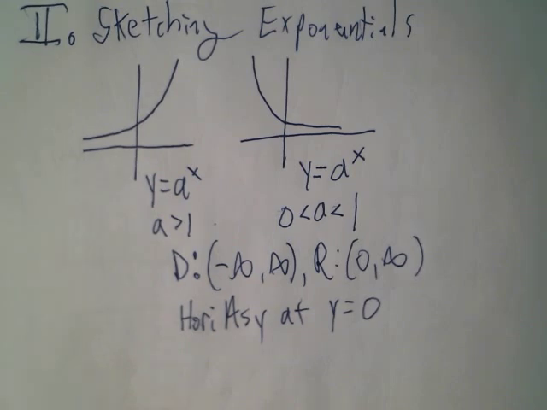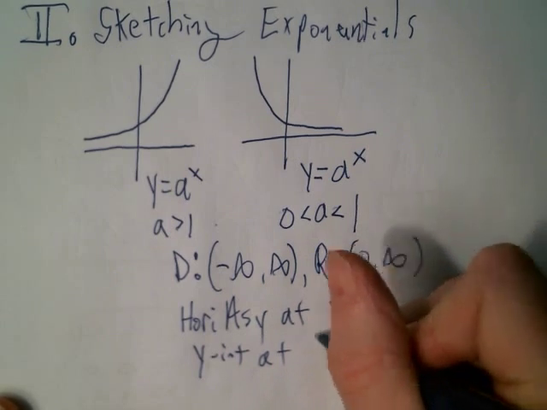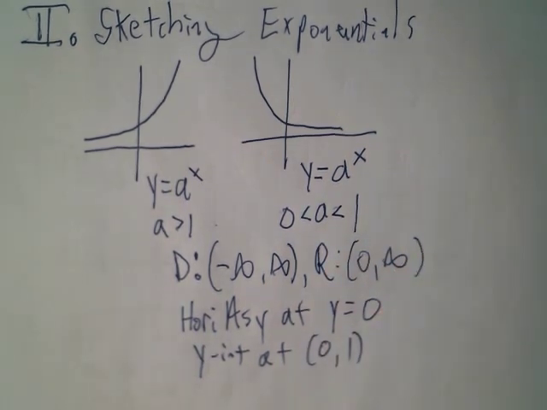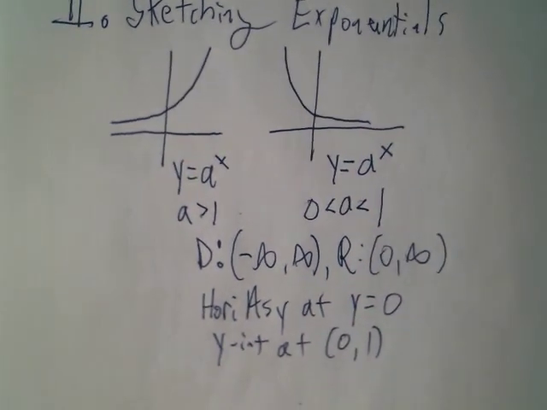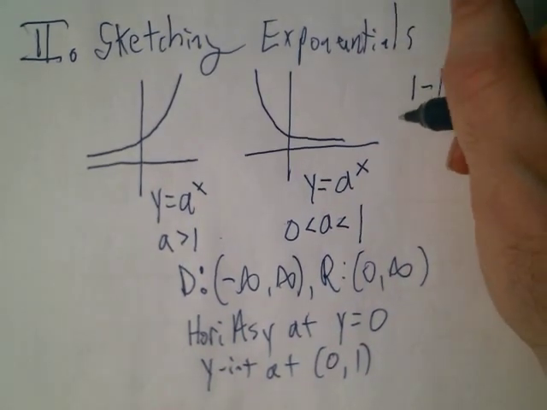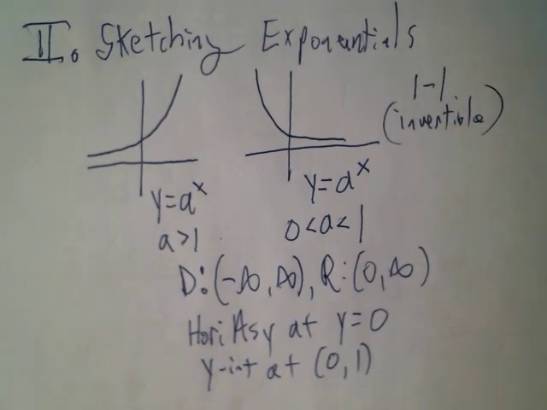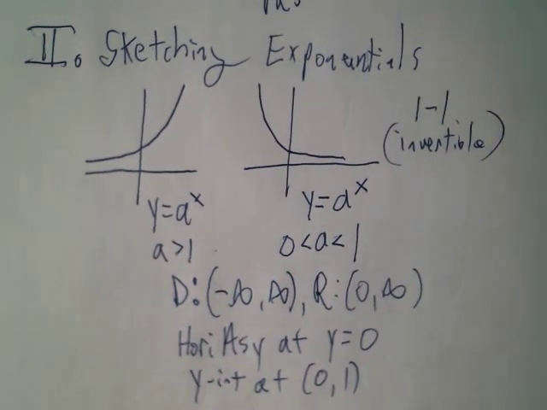There's a y-intercept at (0, 1). I think that's about all the information we need. These are 1-to-1 functions, so they're invertible. Obviously, we'll get to that. Okay, so that's the main picture here.